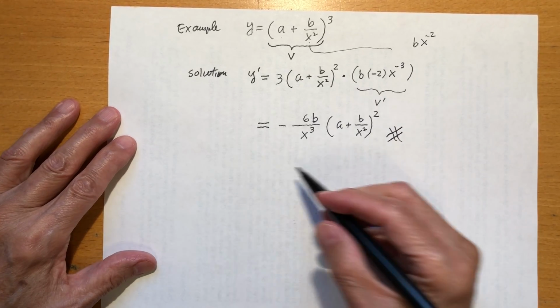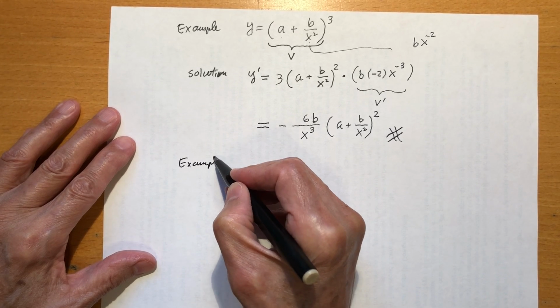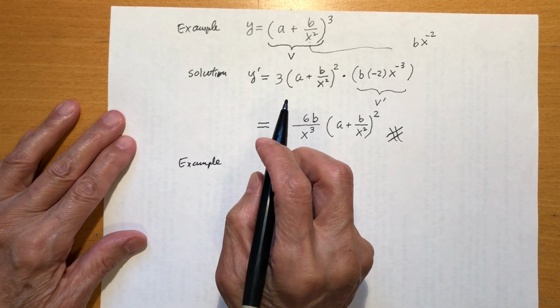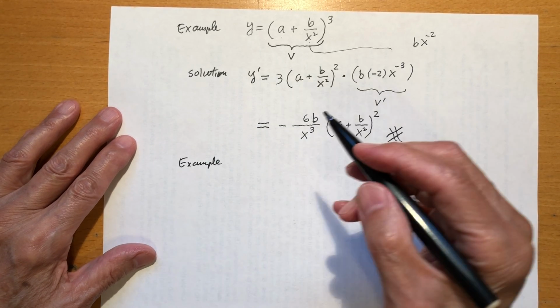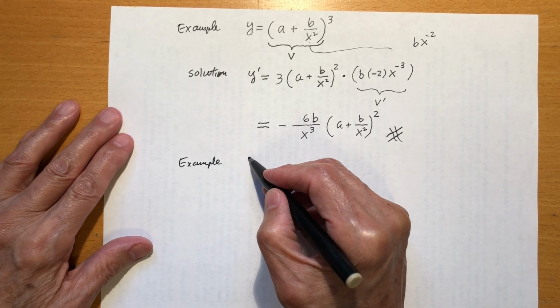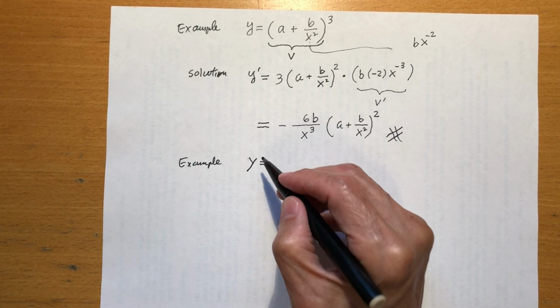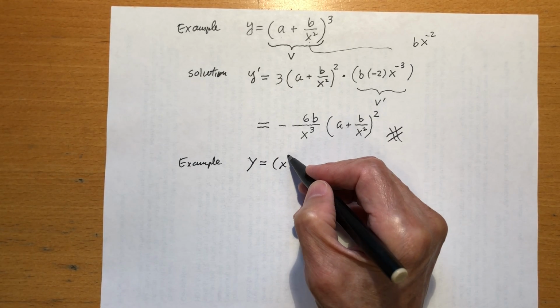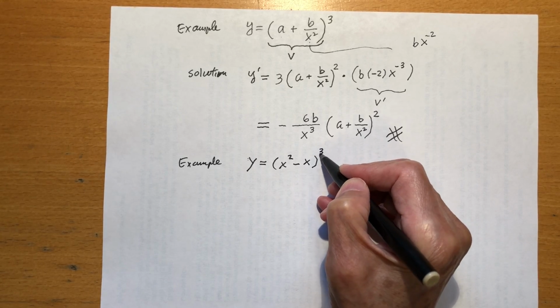Okay, let's have one more example. The next example is y equals x squared minus x, to the power 3.